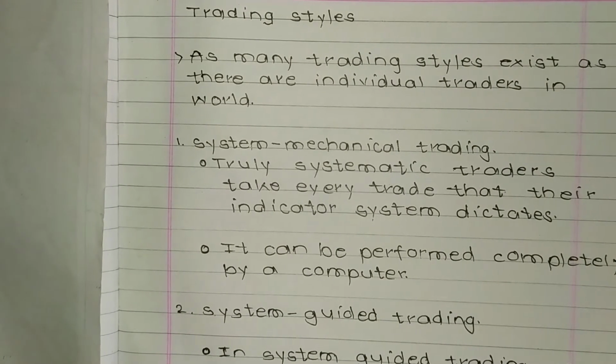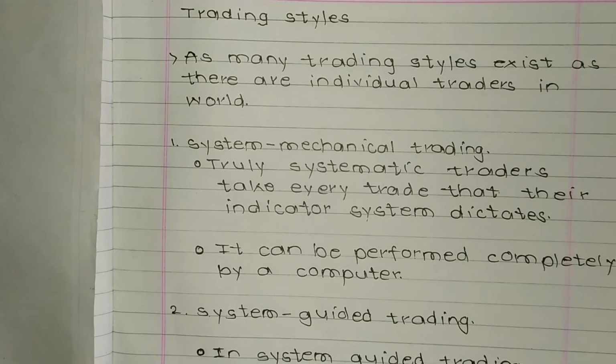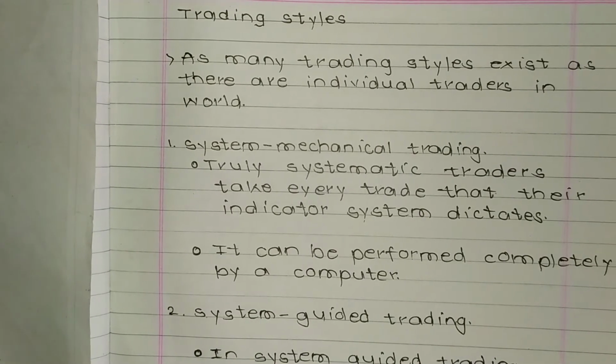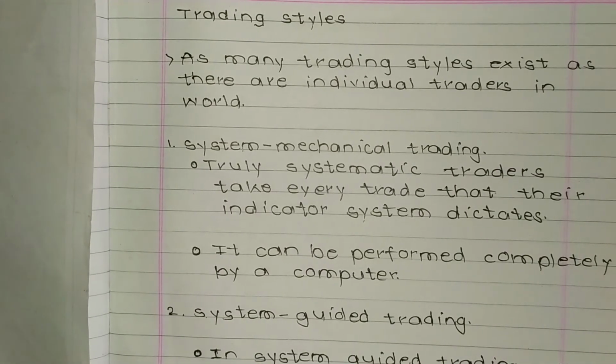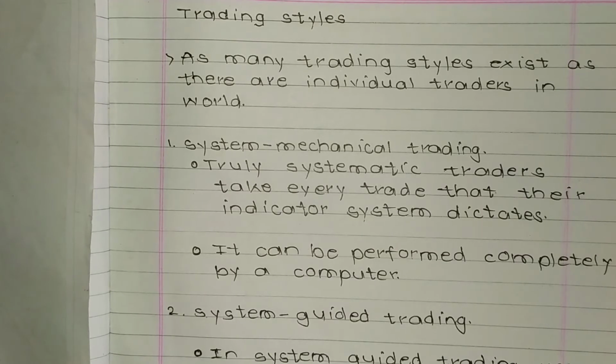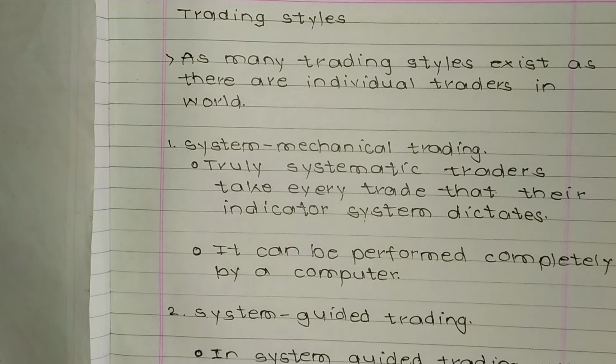As many trading styles exist as there are individual traders in the world. So each trader has a different trading style. These are some trading styles given below. First is system mechanical trading.